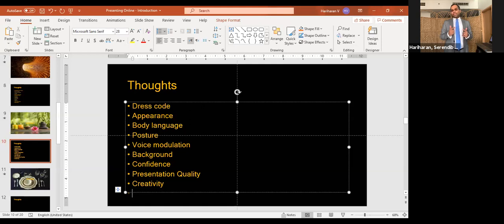And 55% is all about how the person looks when he or she is communicating that message. The 7-38-55 principle is the visual, vocal, and verbal principle. It is believed that if you cannot see somebody, even before the presentation has started, you have lost 55% of a chance to grab their attention.